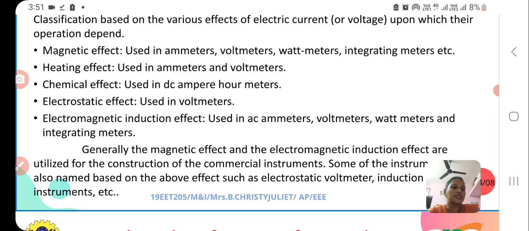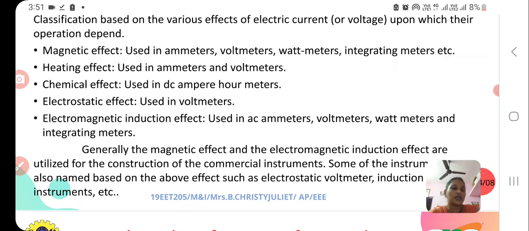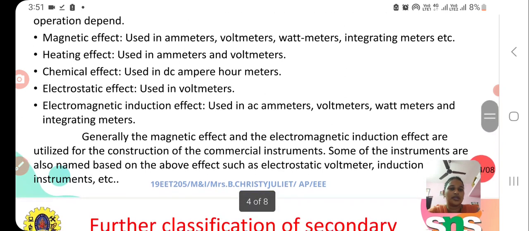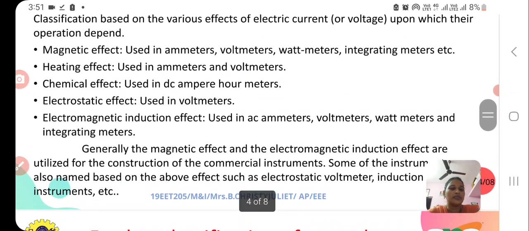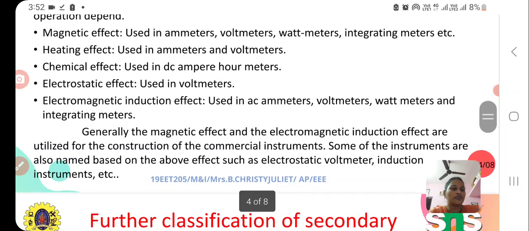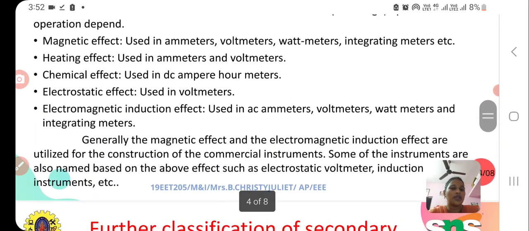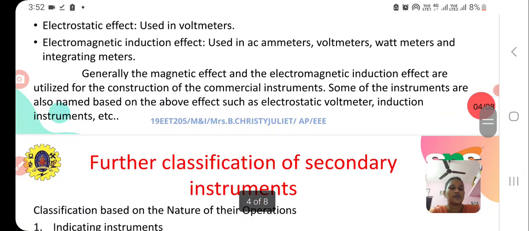In recent times, the ammeters and voltmeters we are now using are electromagnetic induction instruments. Generally the magnetic effect and electromagnetic induction effect are utilized for the construction of commercial instruments. Some of the instruments are also named based on the effect, such as electrostatic voltmeter, induction instruments, etc.